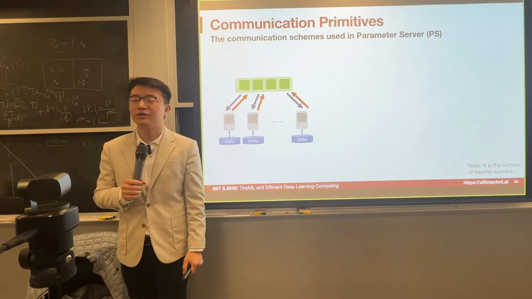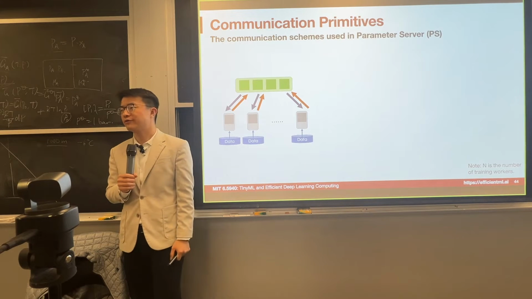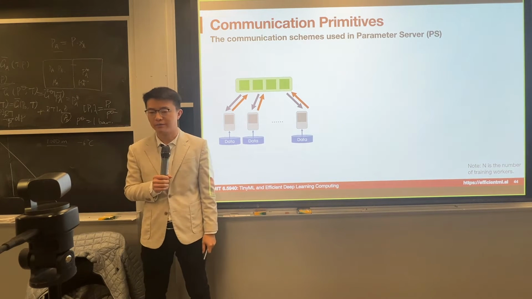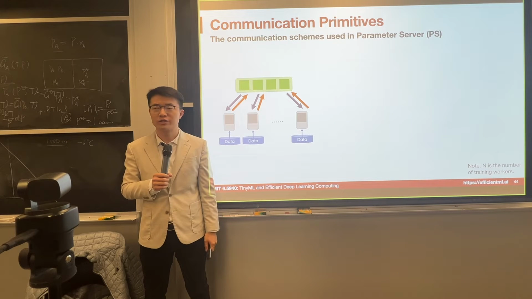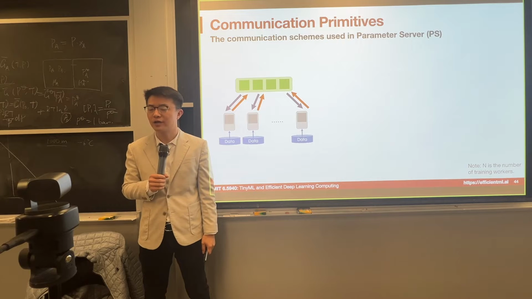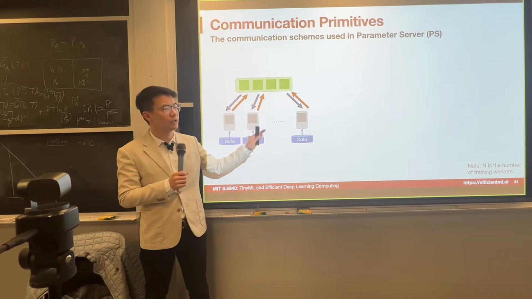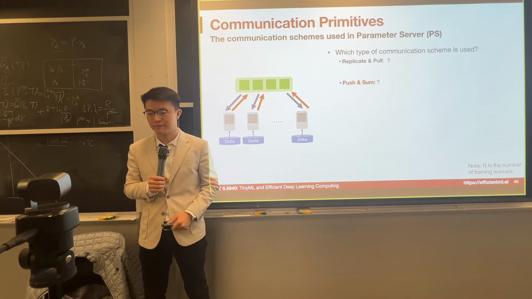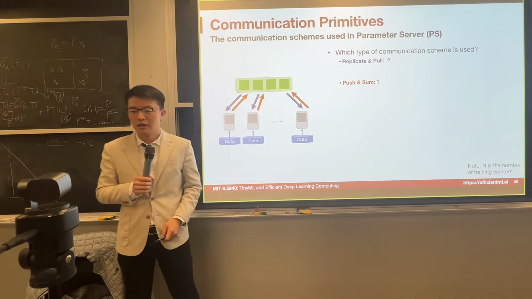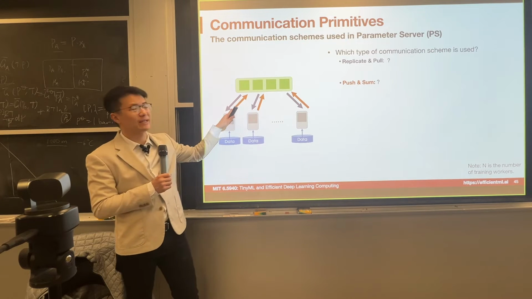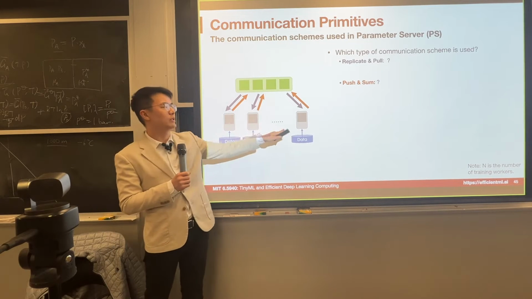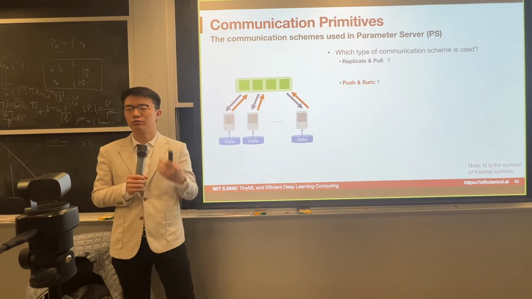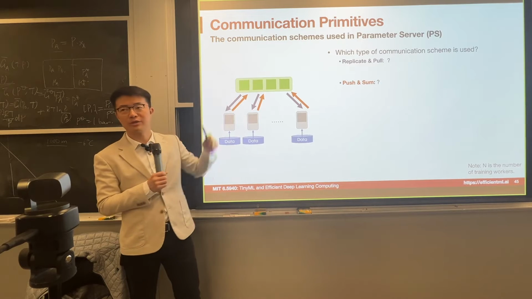So let's put that in the context of parameter server and also data parallelism to see what is the communication, where is the communication primitives, how did they get used into the data parallelization. So remember, we have replicate process for each worker to pull the weights from the parameter server.